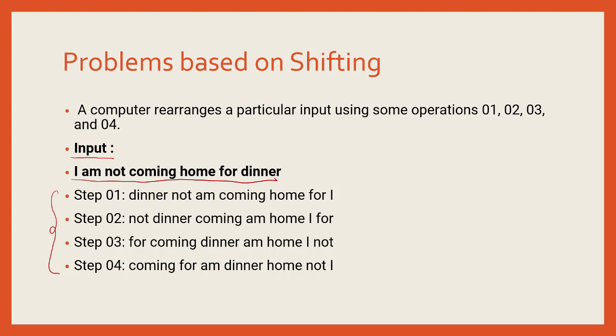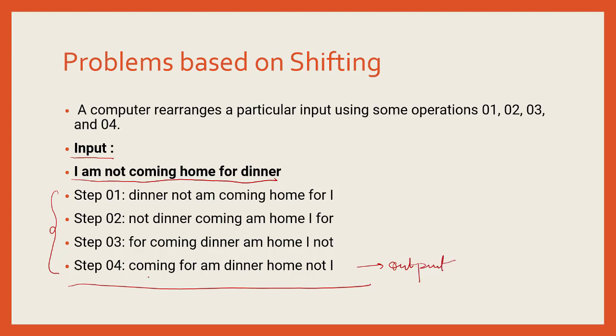So here, if you can see, our input string was a 7-word sentence: I am not coming home for dinner. And step 4 is the last step of this input output question. In step 4, I am seeing the last output, the output of 4 steps.